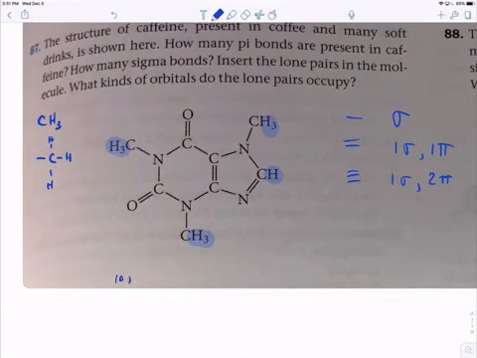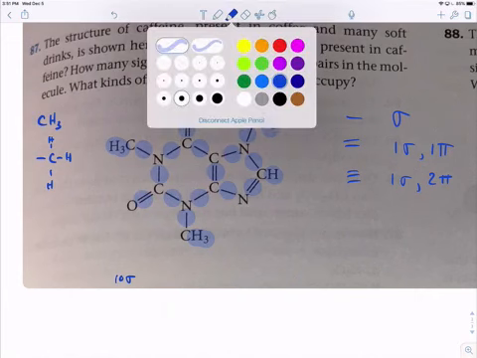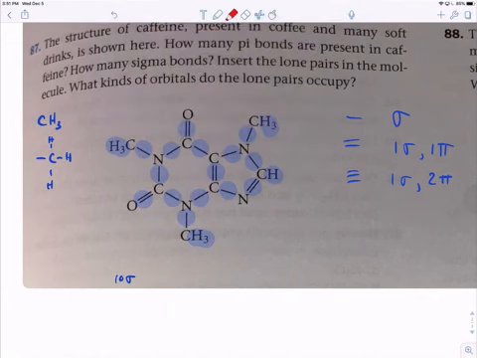This is 10 sigma bonds, and then each other bond is a sigma bond as well. And then I'll do the pi bonds. So, very colorful. All right, so 3 here, 3 there, and 1 here. So that's 10.